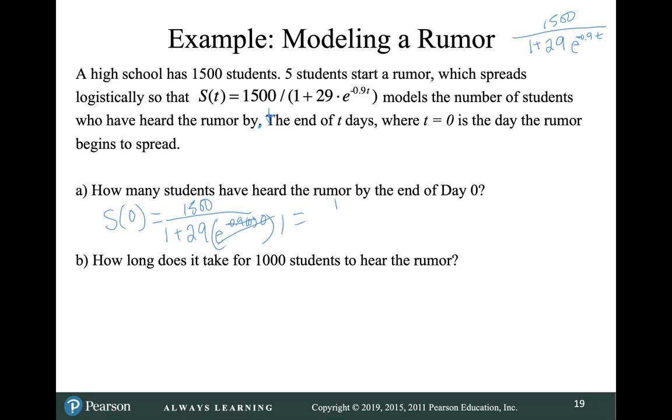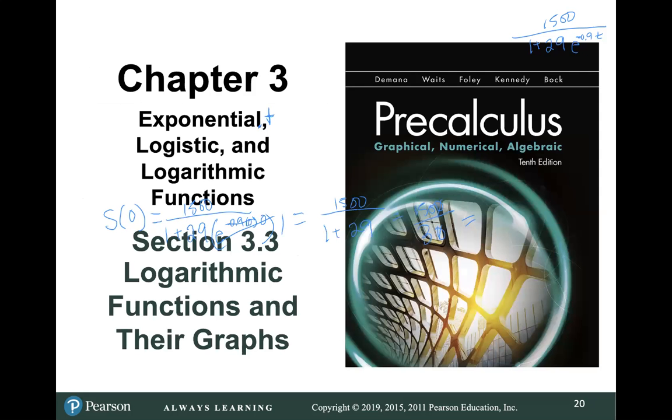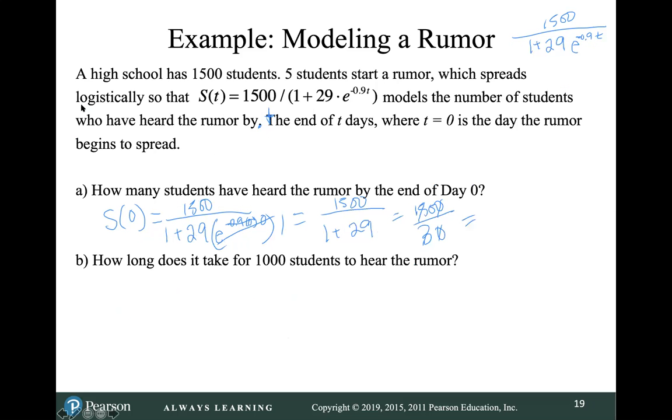So that becomes 1,500 divided by 1 plus 29, which is 1,500 divided by 30, reduced by 10 and then reduced by 3 is 50. So that's 50 students by the end of day 0.